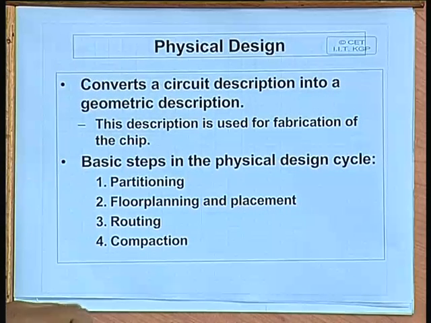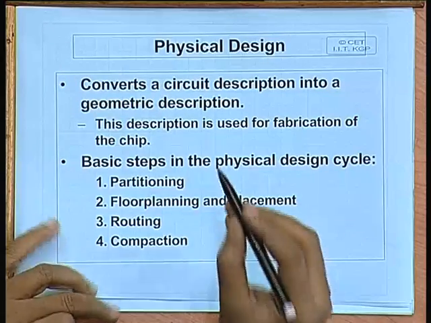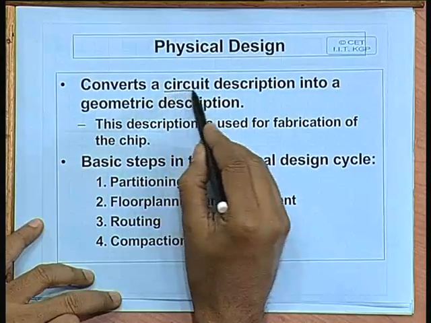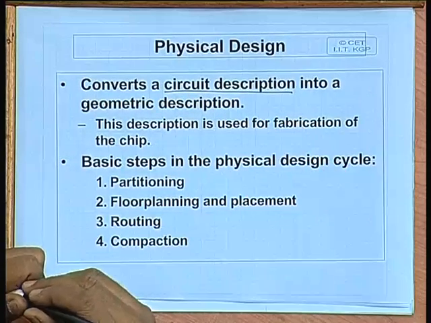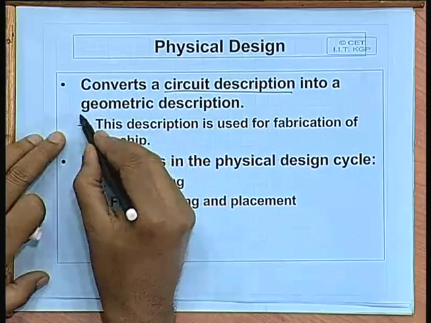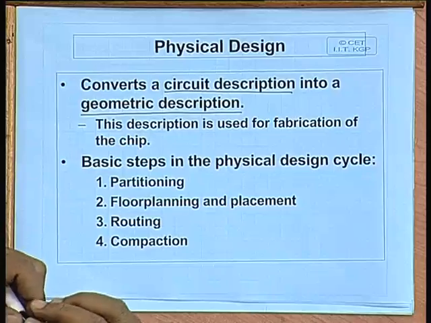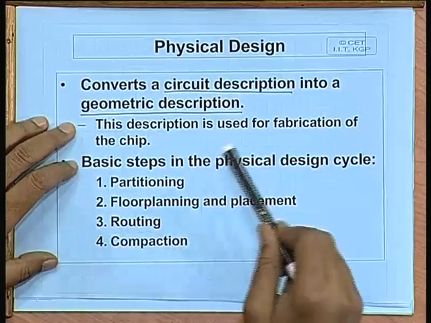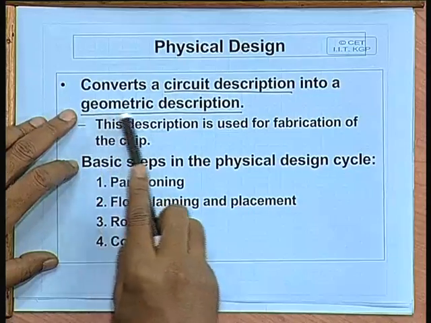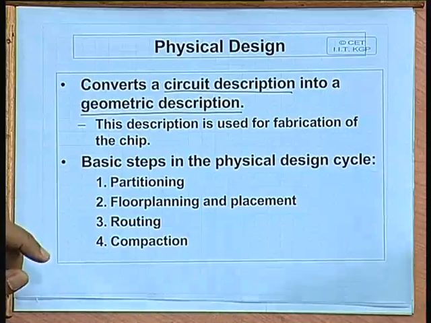So, broadly in the physical design phase, we have a circuit description as the input. This can be a netlist, and from there we typically go towards a layout description, and this step of transformation is typically carried out through an intermediate description which is geometric in nature. Geometric in nature, why?